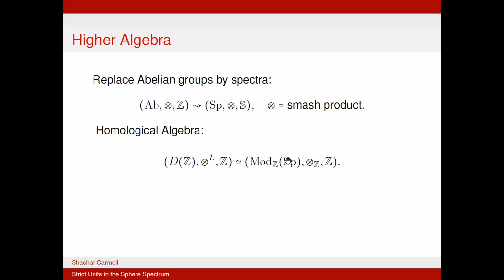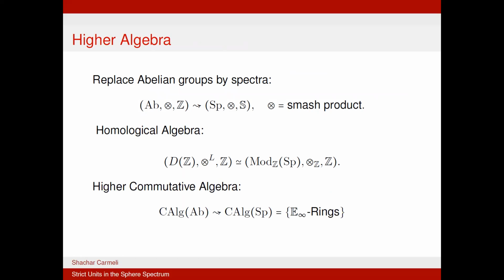So modules over it in spectra is just the same as the derived category, or rather infinity-categorical enhancements of that. And the derived tensor product becomes now just the tensor product, or the smash product, over Z. So it's nice, we get some theory which is somehow more fundamental than homological algebra in some sense.